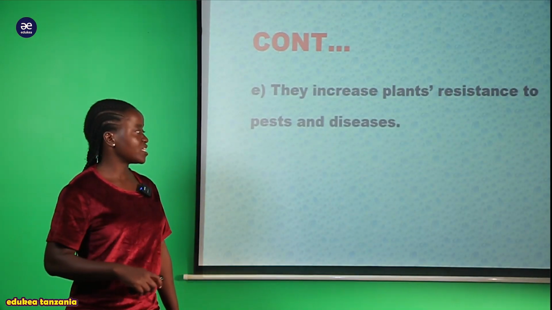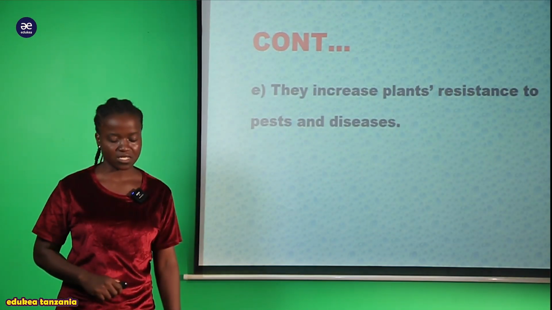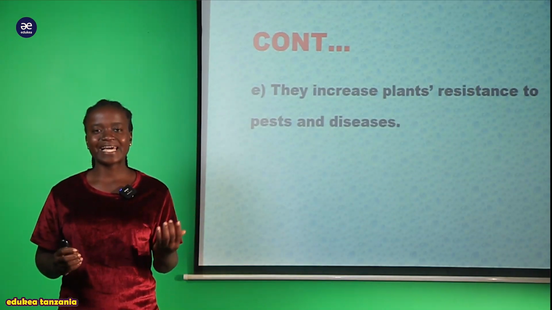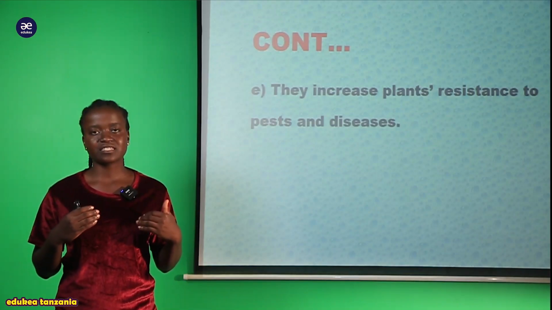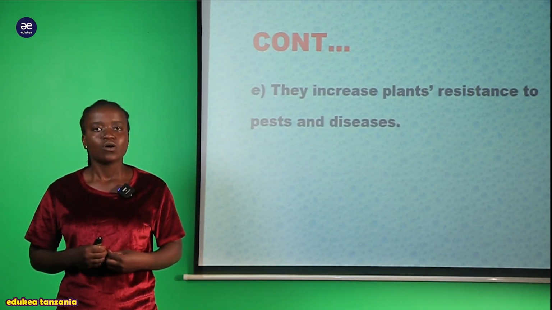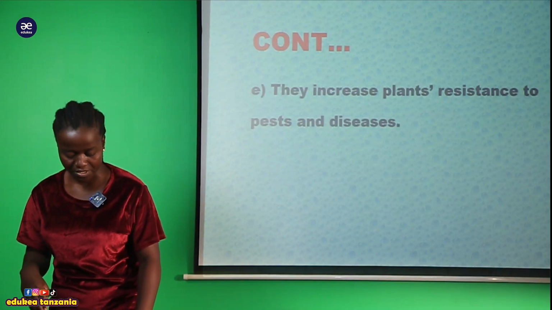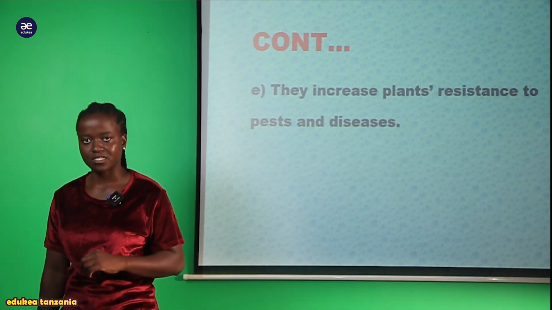The last function, we can say that they increase plant resistance to pests and diseases. So hii gibberellins hormone ndio ambayo inalinda mmea against any kind of pests and diseases that an organism or an insect can use to invade a plant. A good example, we have the beetles. Those red beetles, they affect a plant species much.